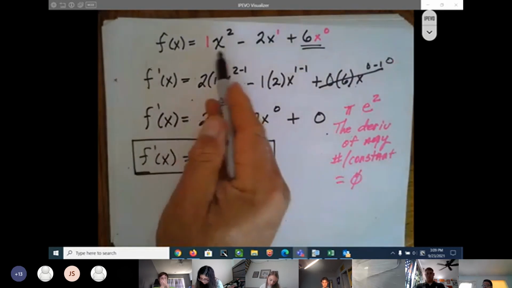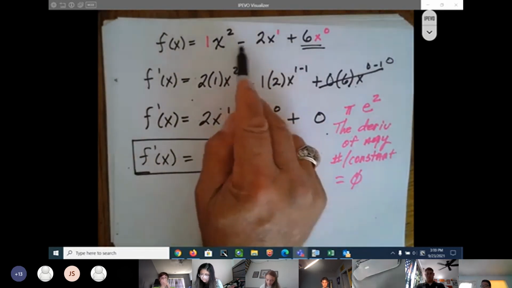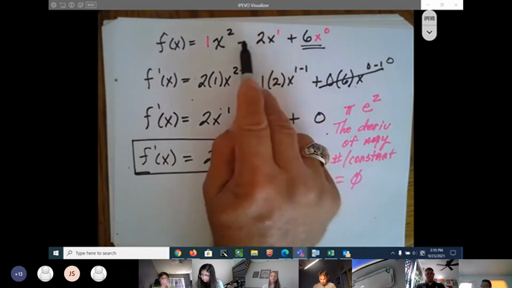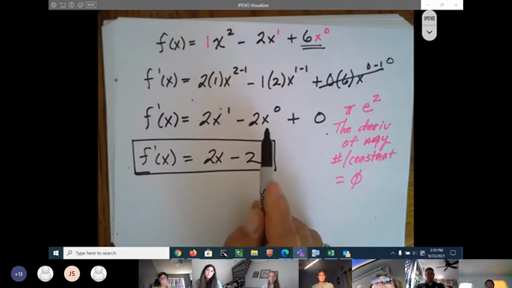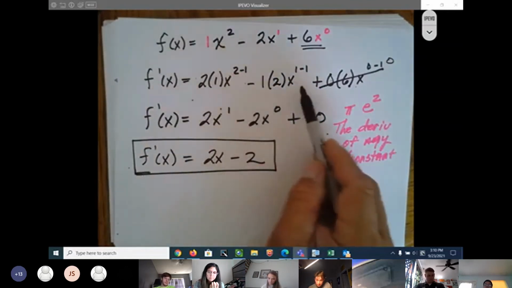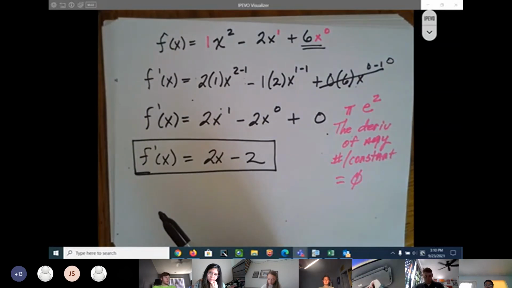And that is the sum and difference. You can have a mathematical sentence and break it up into each term, as long as you're adding and subtracting.